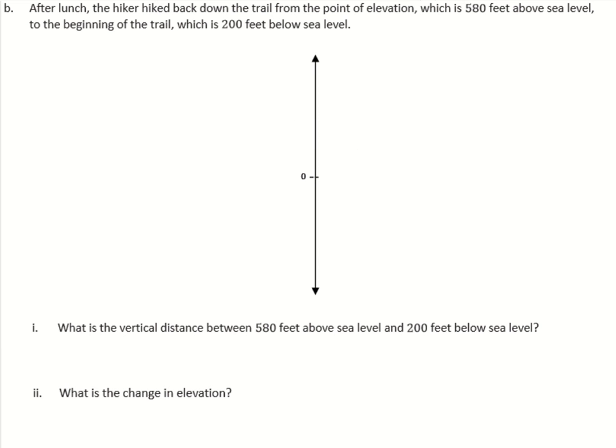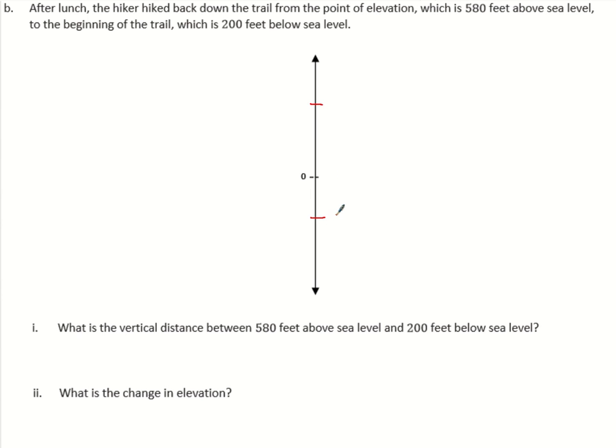The second half, though, it says that after lunch, the hiker hiked back down the trail from the point of elevation that he was at, which was, as we remember, 580 feet above sea level, back down to the beginning of the trail, which was 200 feet below sea level.